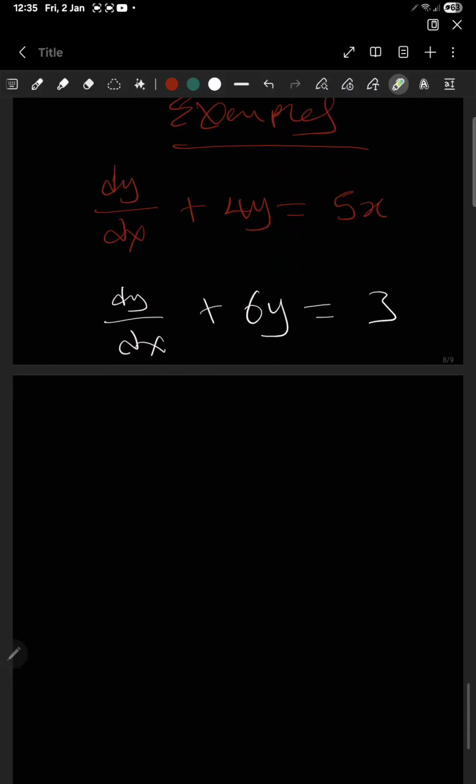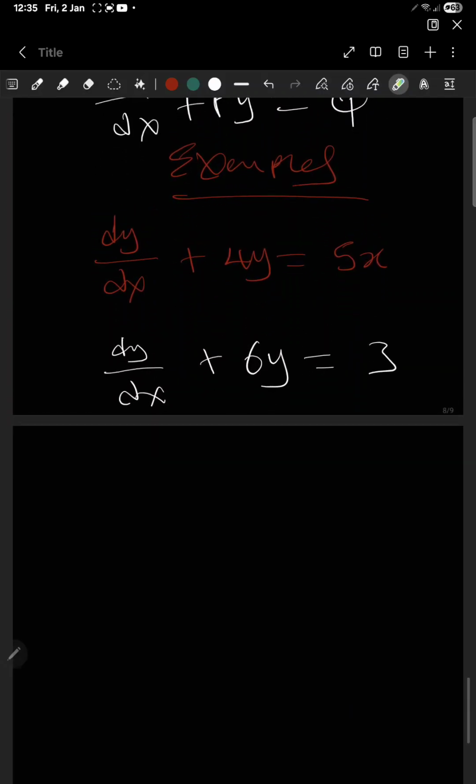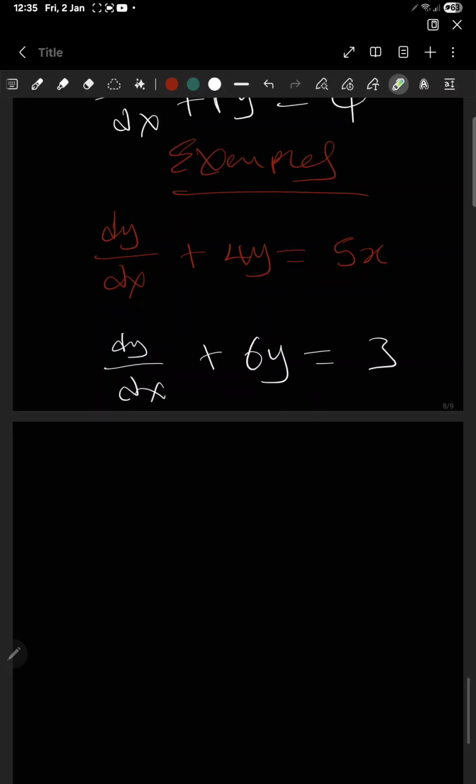Now, after knowing the form of a linear differential equation, we need to know how to solve these equations. So how do we solve linear differential equations? We are going to look at examples.